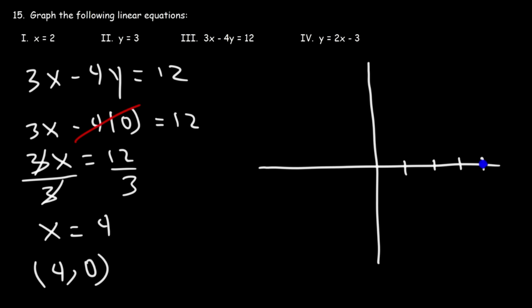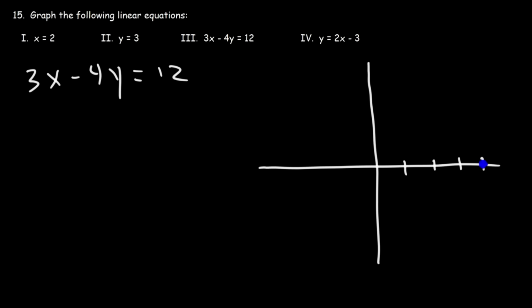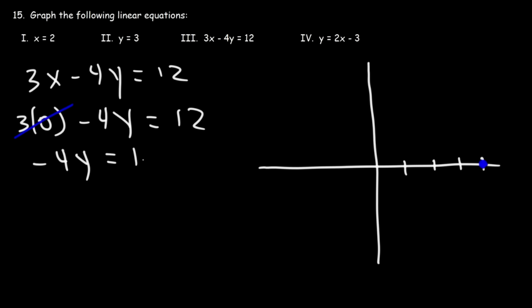Now let's determine the y-intercept. Instead of replacing y with 0, we are going to replace x with 0. So 3 times 0 is just 0. And so we're going to have negative 4y is equal to 12. Next, we could divide both sides by negative 4. 12 divided by negative 4 is negative 3.